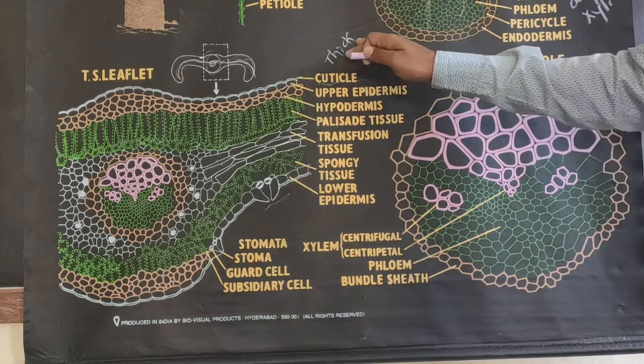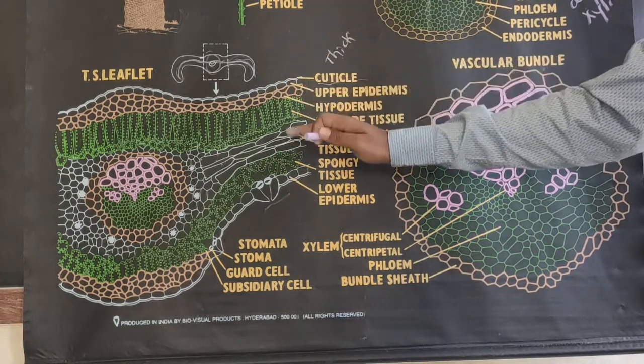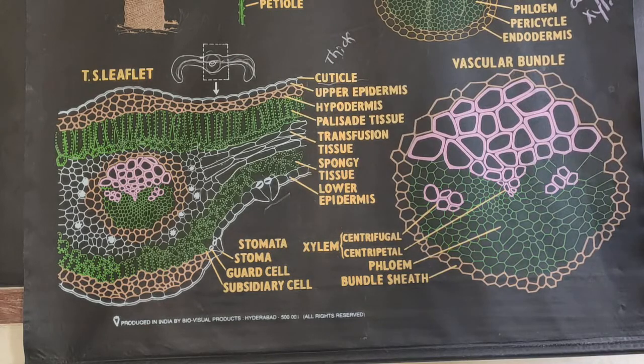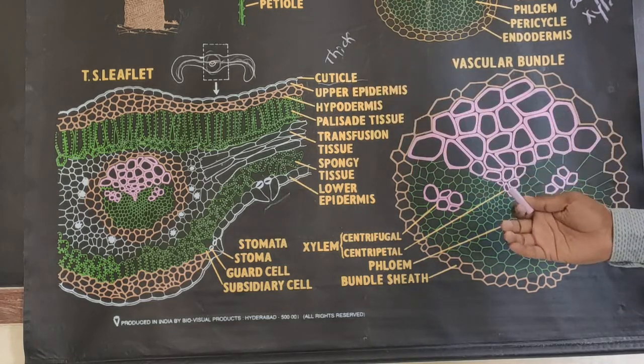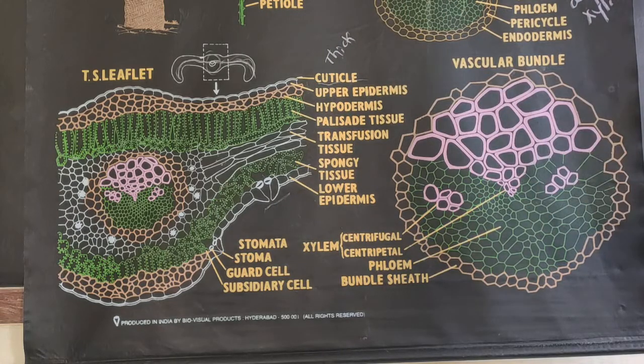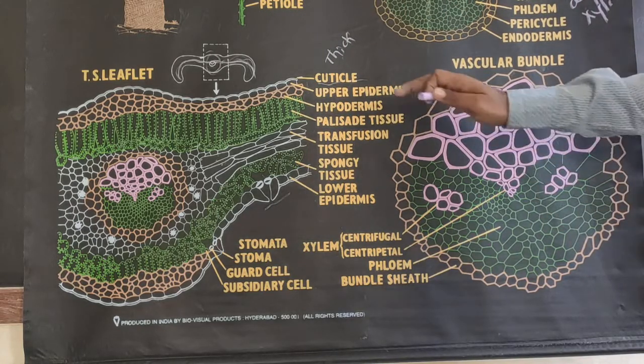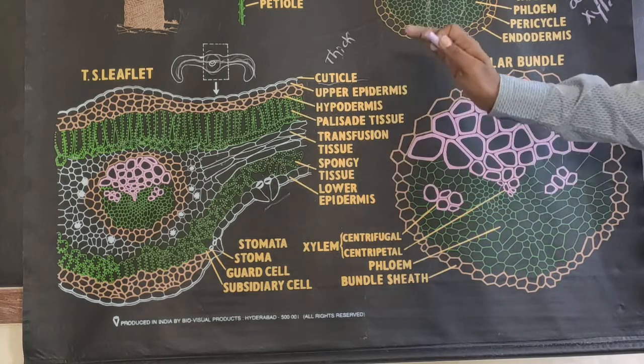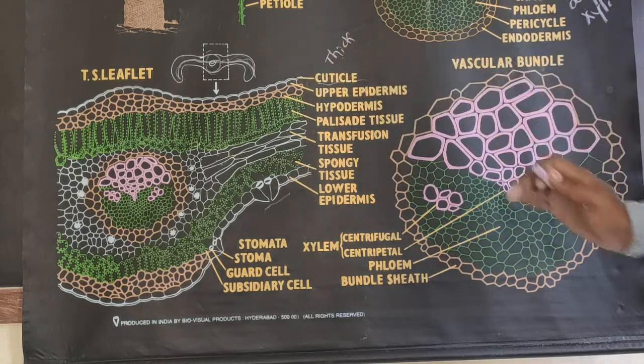Since xerophytic plants mainly grow in areas where there is water scarcity, they have adapted themselves to prevent water loss. This thick cuticle is one of the adaptations to xerophytic conditions.